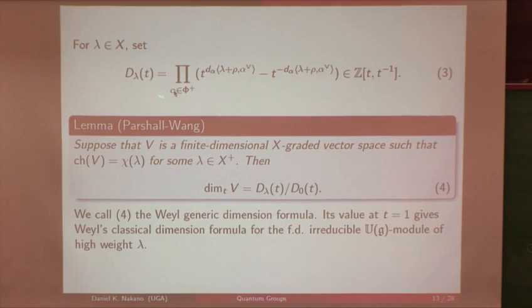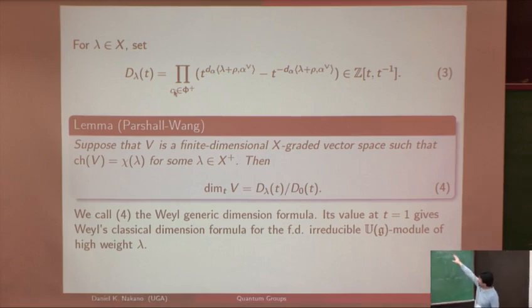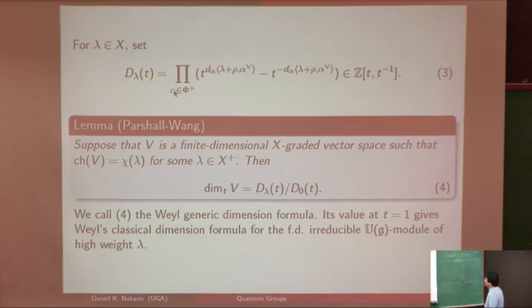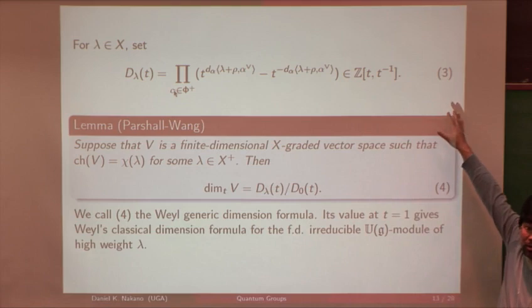So you set d lambda t to be this object over here, where I'm taking the product over all positive roots. So this is like the numerator in Weyl's dimension formula. So what's the denominator? The denominator is when I set lambda equal to 0.